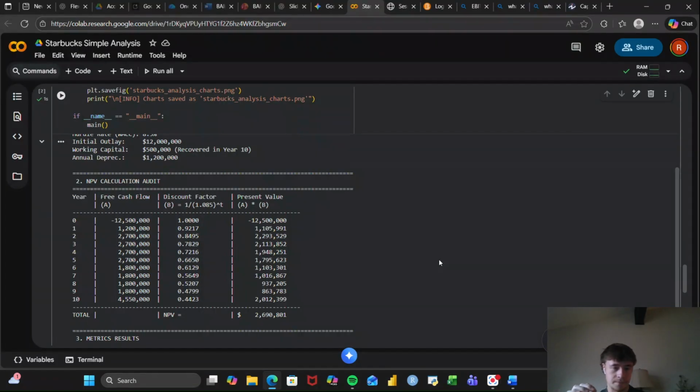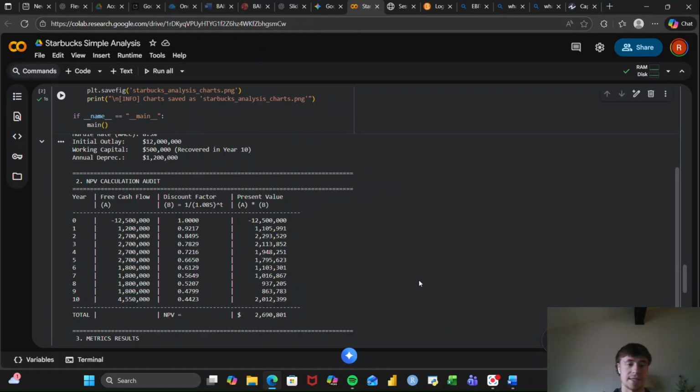Now, what we're going to do is multiply that by our free cash flow, or the cash flow that we have remaining after all those costs, and then we're going to put that into present value. And we're just going to repeat this process, and once we sum all of those, we're going to get our net present value, which is $2,690,801.